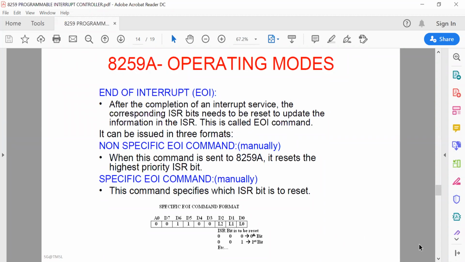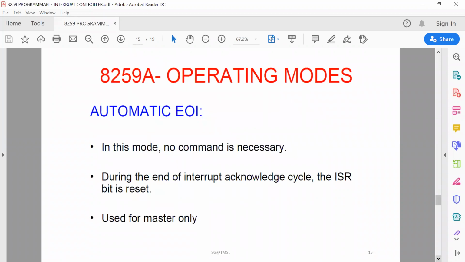Another end of interrupt mode is available, which is called the automatic end of interrupt mode. In this mode, the 8259 performs a non-specific EOI operation basically.